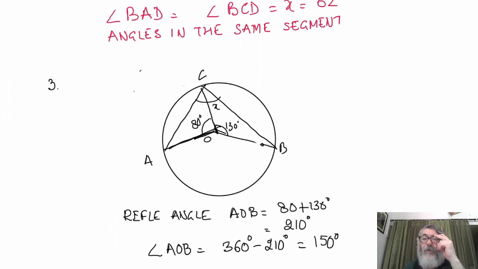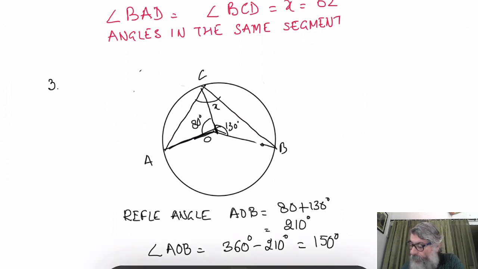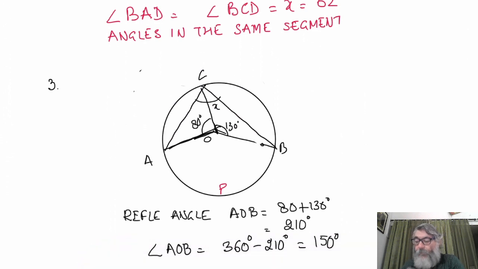If it is equal to 150 degree, now we will apply the first theorem which we had learned. What was the first theorem? That angle subtended by an arc, let me name the arc, take another color, let me name it P. The arc APB is subtending an angle AOB at the center.